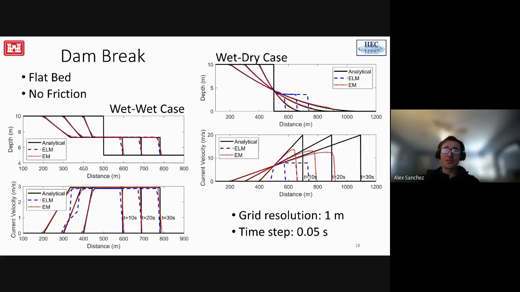The Eulerian-Lagrangian model does a pretty good job for the wet case, except for these deviations here. There's some errors here. But for the wet and dry case, instead of producing a rarefaction wave, this kind of sloshing wave, it produces a shock wave, this steep wave here.